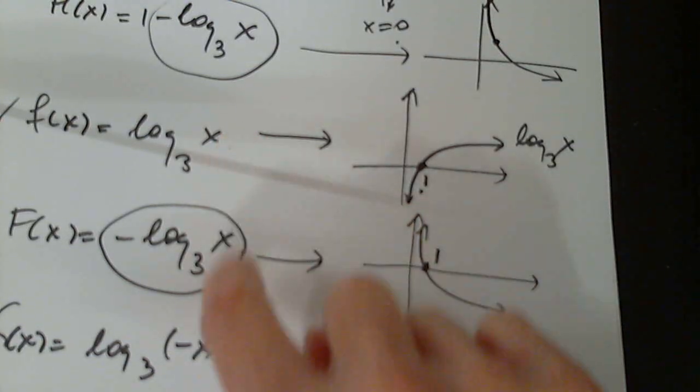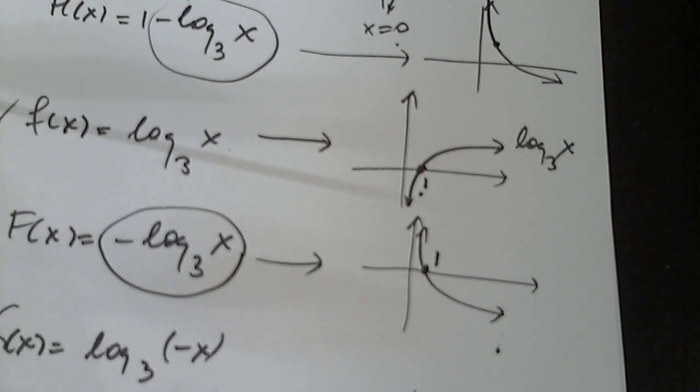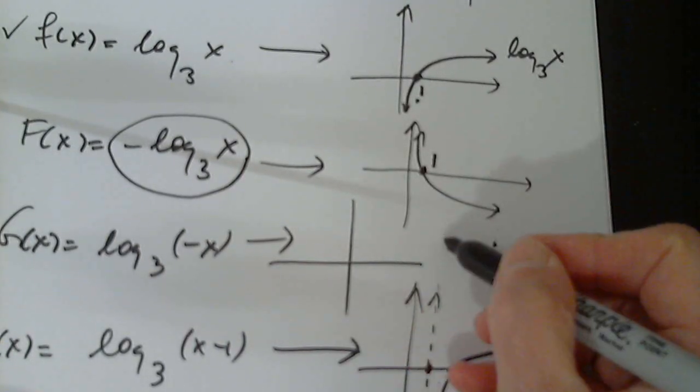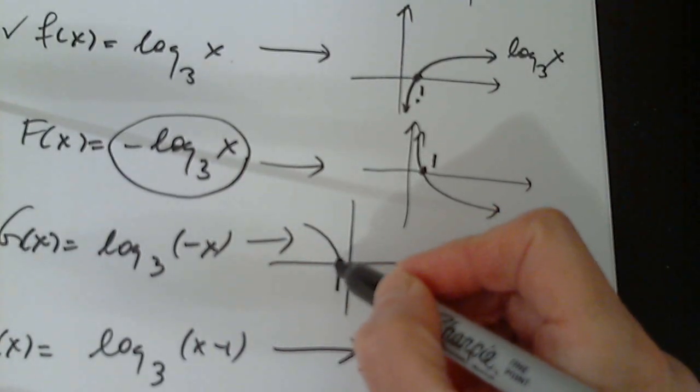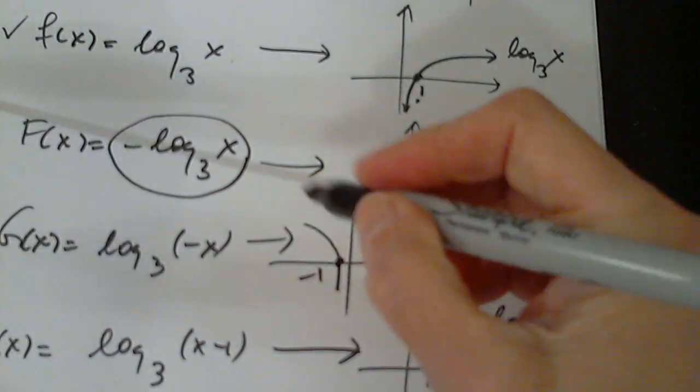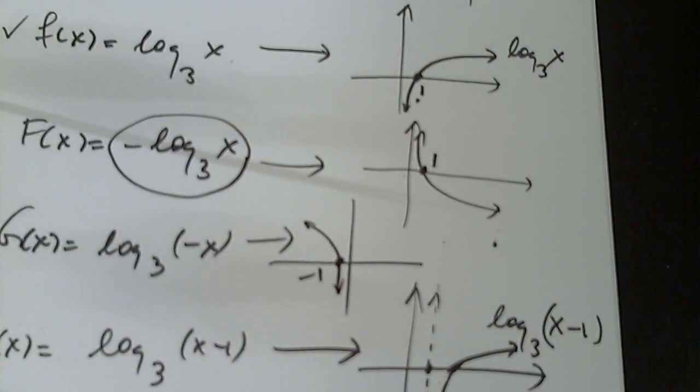Does it reflect on the y-axis? Exactly, of course, which we knew. So instead of being this, it will be this, and it will cross at negative 1 comma 0. Exactly. It was a very nice analysis.